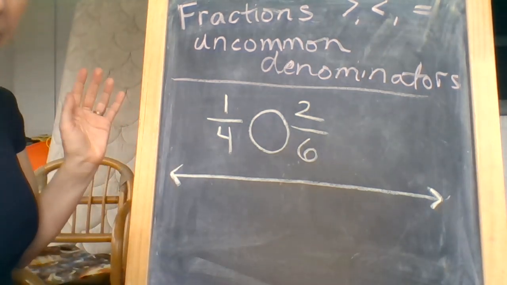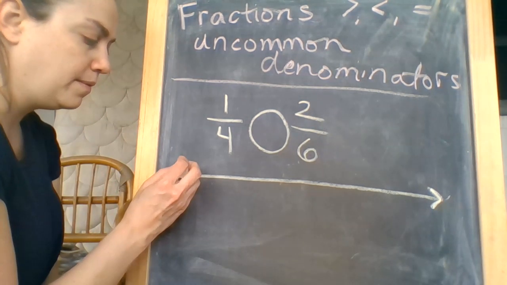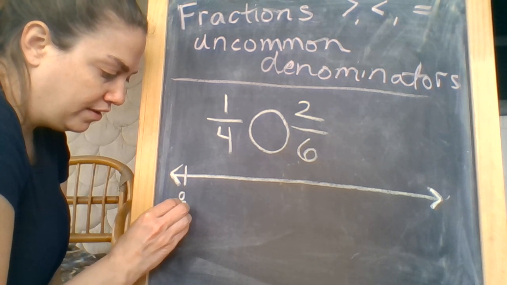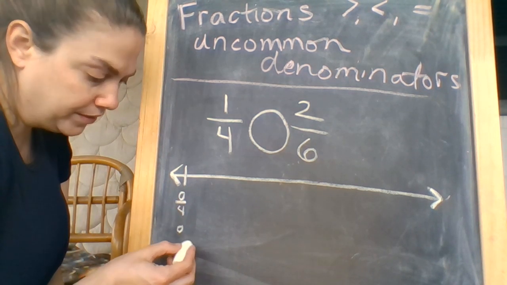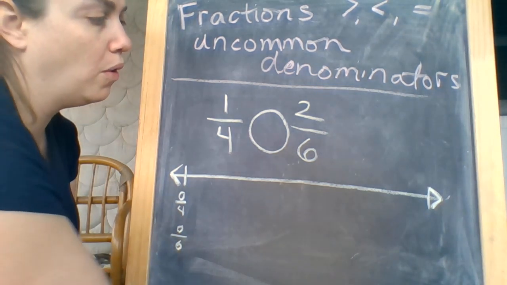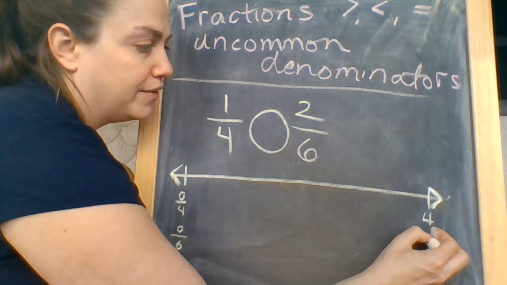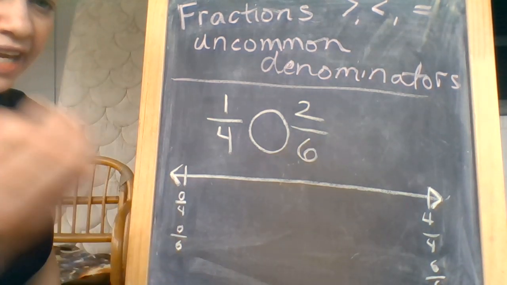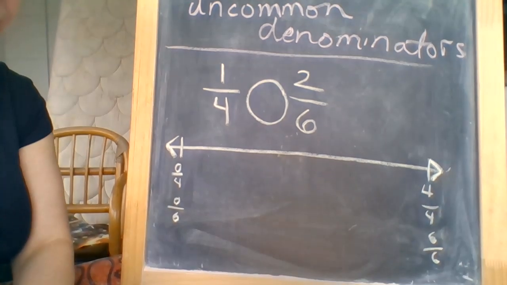Just like when we did the fraction strips, I'm going to start with 0 here. So 0/4 is also the same spot as 0/6. Over here at the other end, I have a whole. So I have 4/4. I have 6/6. Those are in the same spot.